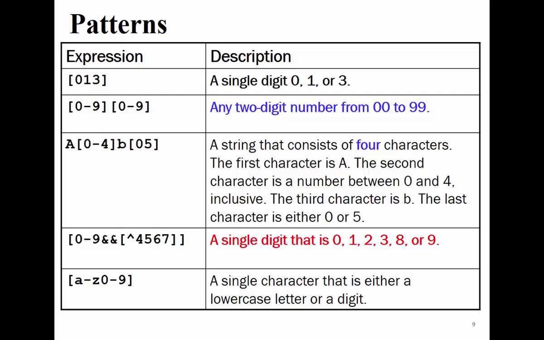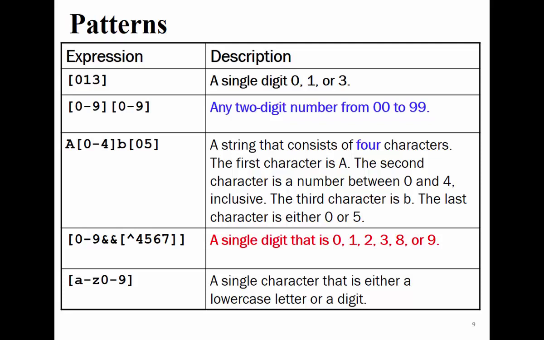Now, look at this pattern, the one before the end, which is looking for a single digit, but with compound conditions for this single digit. You can put everything in one square bracket. I look for a digit between 0 and 9. And this is a condition, and now look at this character.